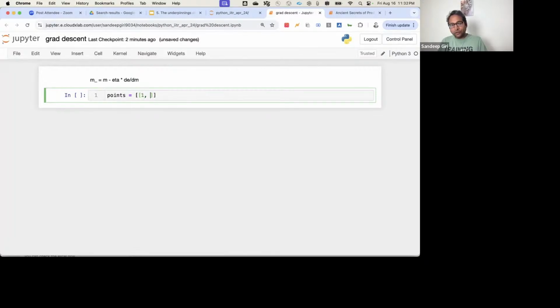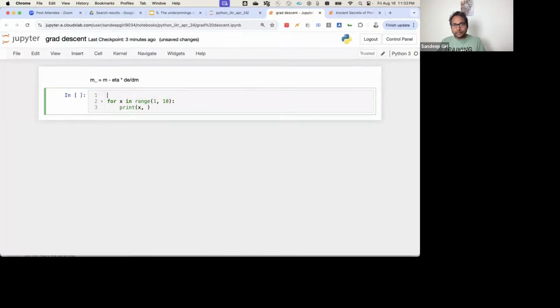Let's say for 1, the value is 2.1. Let's see how to cleverly come up with the data. I'll just say for x in range 1 to 10, and then I will print x, or I'll just put it in this array.